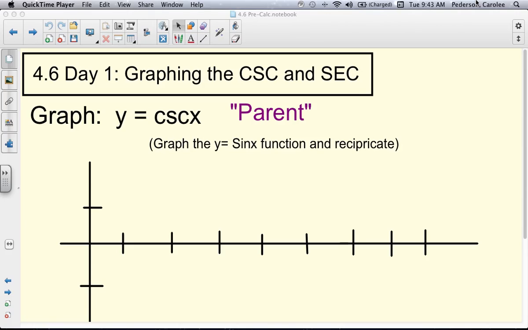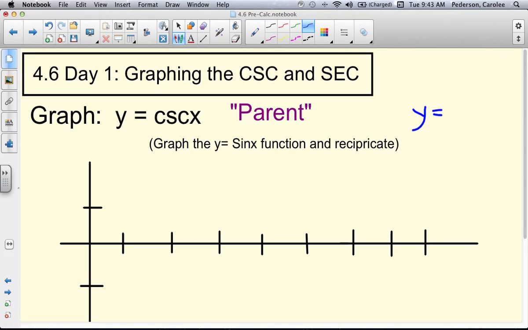the parent function. So you first graph the traditional parent function for y equals the sine of x. So I'm going to graph that in blue, y equals the sine of x. The parent function for the sine function has an amplitude of 1 and a period of 2 pi.